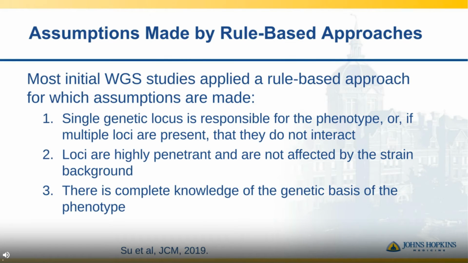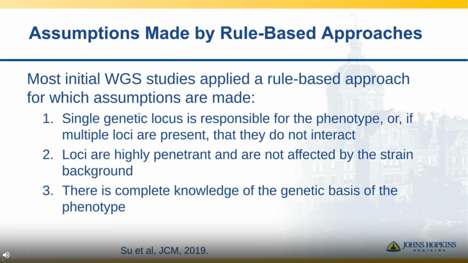So getting back to our prediction methods, the initial rule-based approaches that were applied by many of the studies apply many assumptions to the data. First is that there's a single genetic locus that's responsible for the phenotype, or if multiple loci are present, they do not interact.